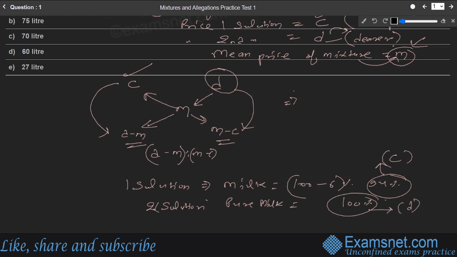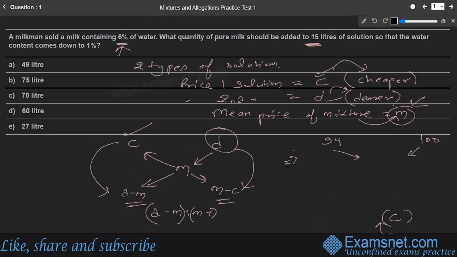If we do that, then we can reframe the same chart again. On the cheaper side we keep 94, on the dearer side we keep 100, and the mean we want to make is, as the question suggests, in what ratio this should be mixed so that the water content comes down to 1%.